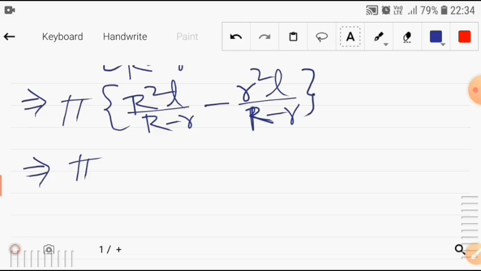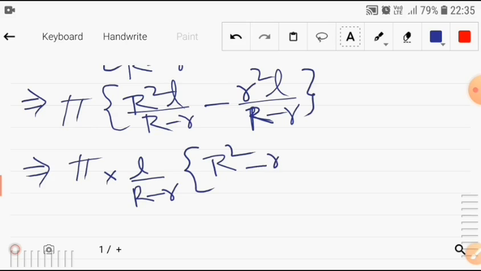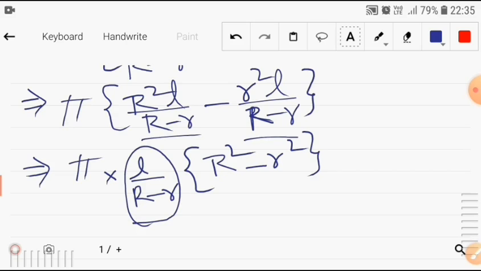You can take out the common terms, that is l by R minus r, which is common in both the terms. We'll take it out and write the remaining terms inside the bracket, that's R square minus r square. So in this way we can save some time, no problem. So l by R minus r is the common term of both these terms, so we can take it out.